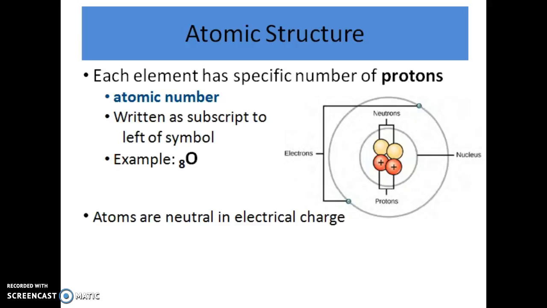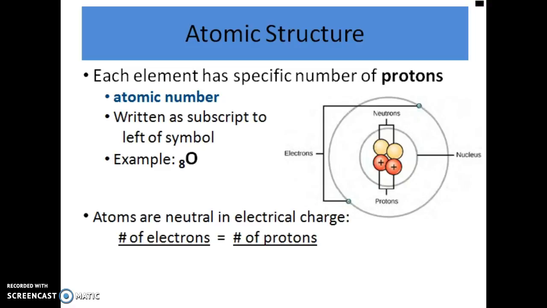Atoms, in their natural state, are neutral in their electrical charge. What that means is that if we know the number of protons, which have 1 unit of positive charge each, we're going to know the number of electrons, because the number of protons and the number of electrons have to equal each other. In our example here on the right of our diagram, we see that there are 2 protons, so 2 units of positive electrical charge.